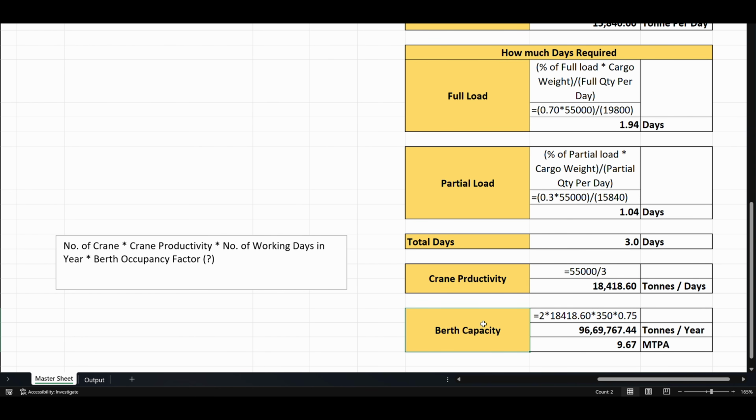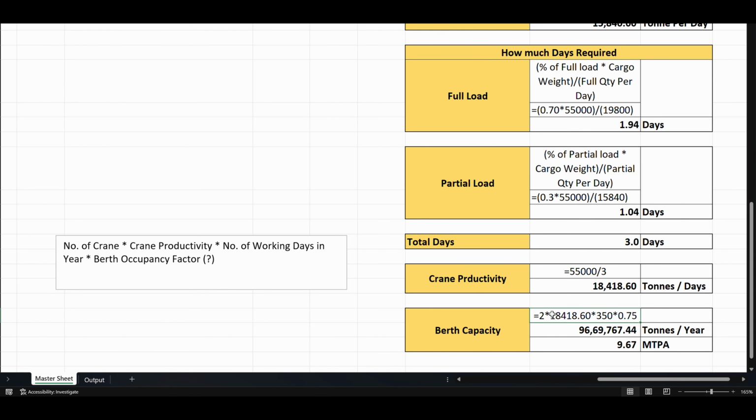Now we take berth capacity. We have 2 cranes as the number of cranes, crane productivity, number of working days in a year, and berth occupancy factor.